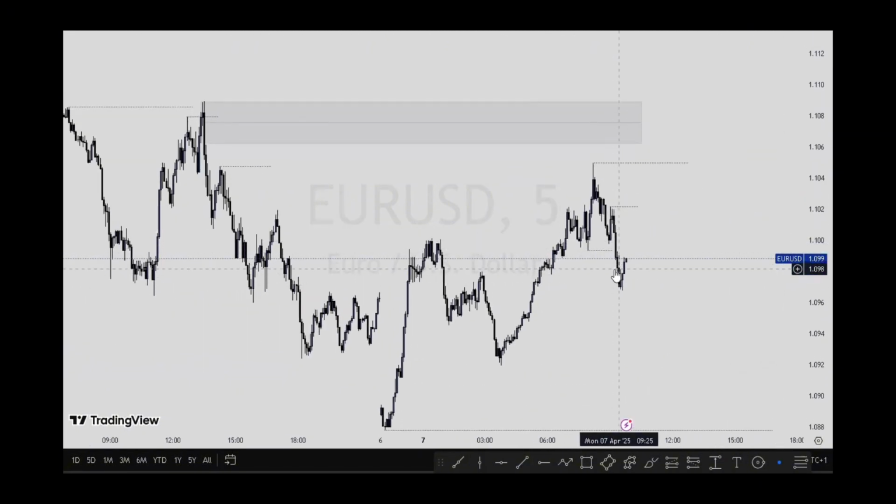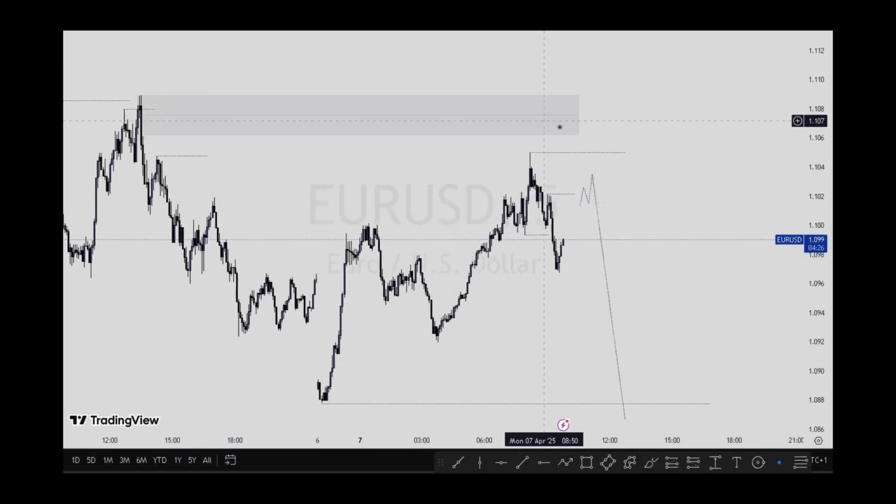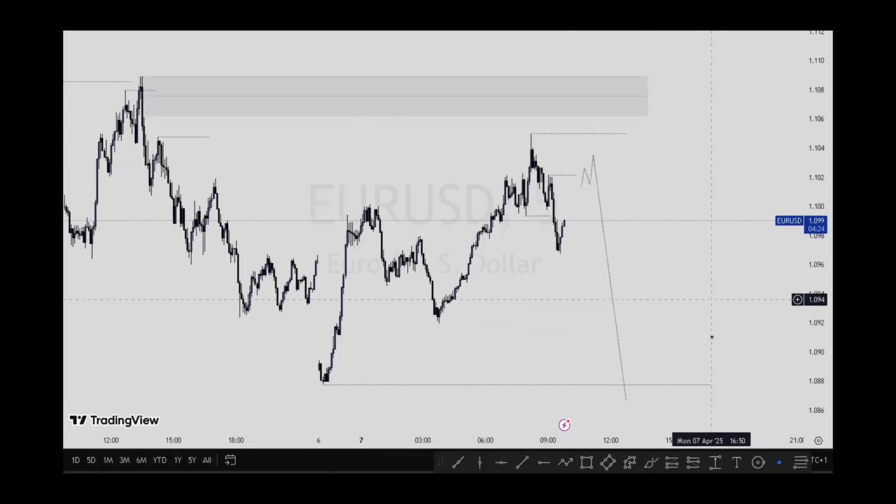That can actually happen. We've had this as a break, right, which is actually a very valid initiation. We need this area, which is the inducement area, to be swept off completely to have a very quick move, right? So either we have this, or we have this POI for the market to mitigate from.